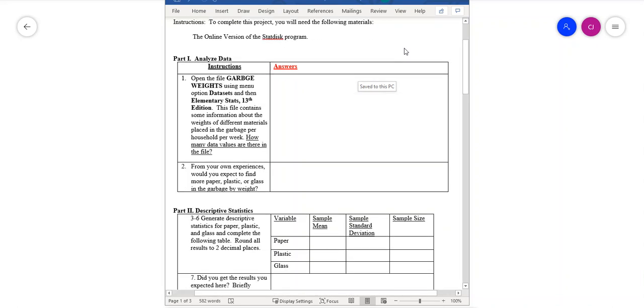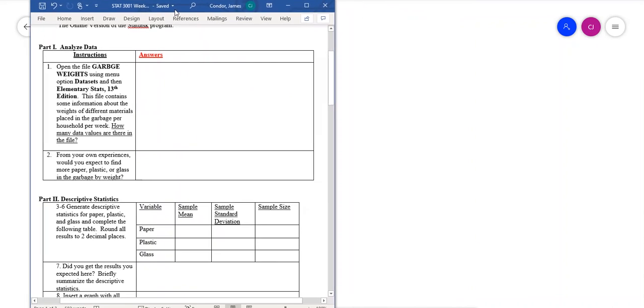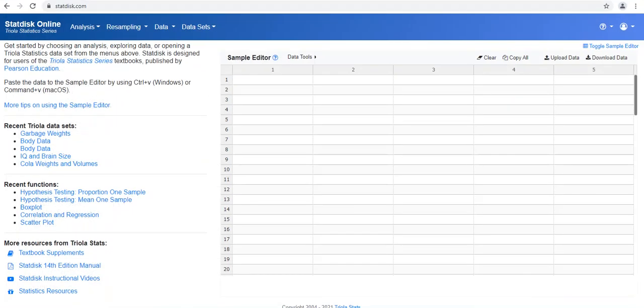Now, we need some data, and it says here to open the file garbage weights, and we go into data sets. So let's pull up StatDisk.